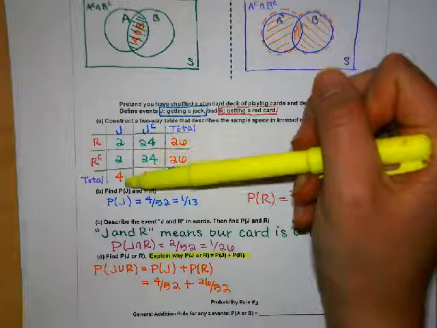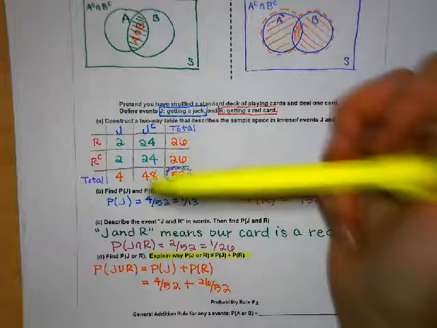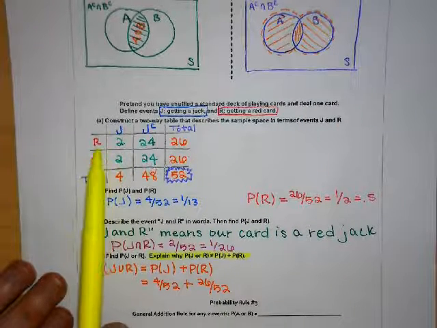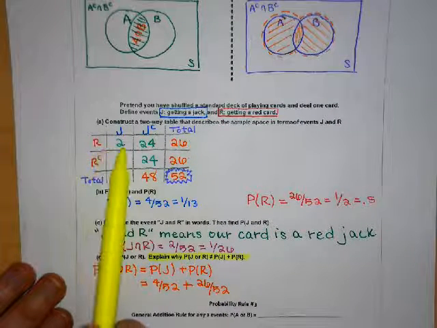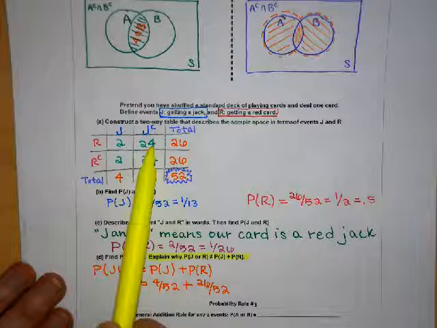When I looked at the probability of a red card, I looked at my 2 red jacks and my 24 red non-jacks to get a total of 26.